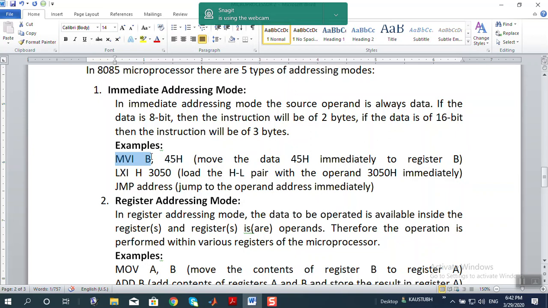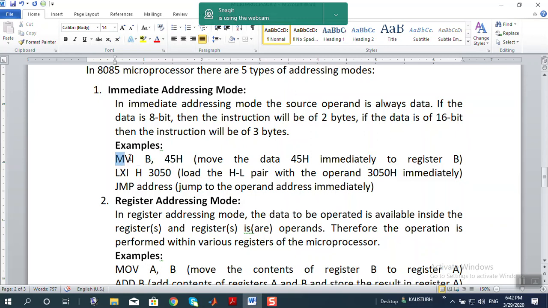The meaning of this instruction is to copy this data to the register B. Move the data 45 immediately to the register B. If you are not giving any 8-bit data here, only MVI B, it is meaningless. Only when you give 8-bit data along with this instruction is it a complete instruction.